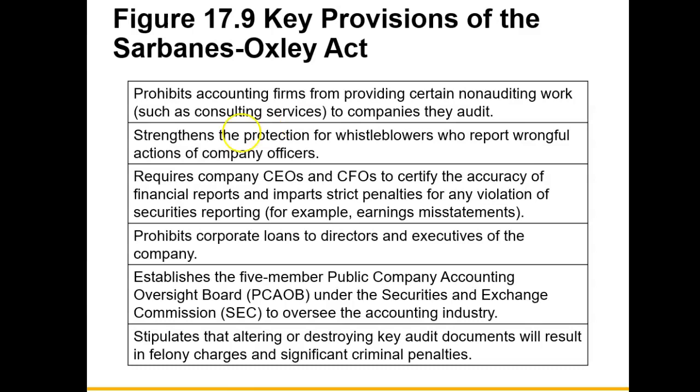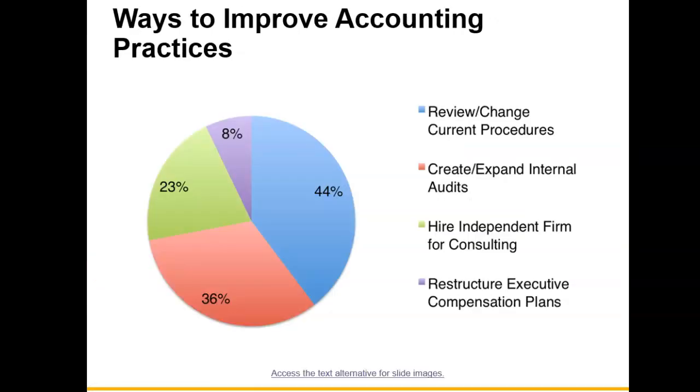Because if you're doing their taxes and you audit them or you prepare a financial statement, pretty much you're auditing your own work. Okay? So, again, these are just some of the provisions that came out of the Sarbanes-Oxley Act that was passed back in 2002.